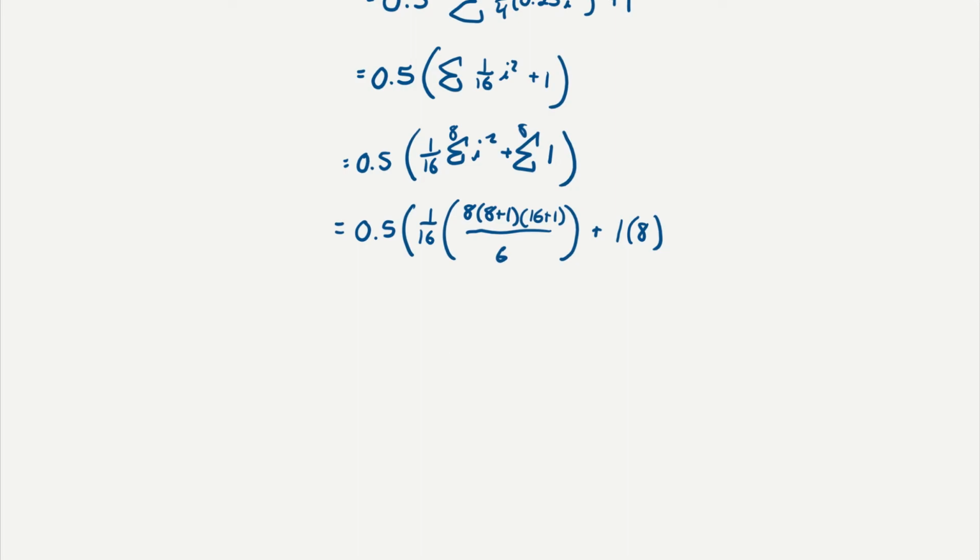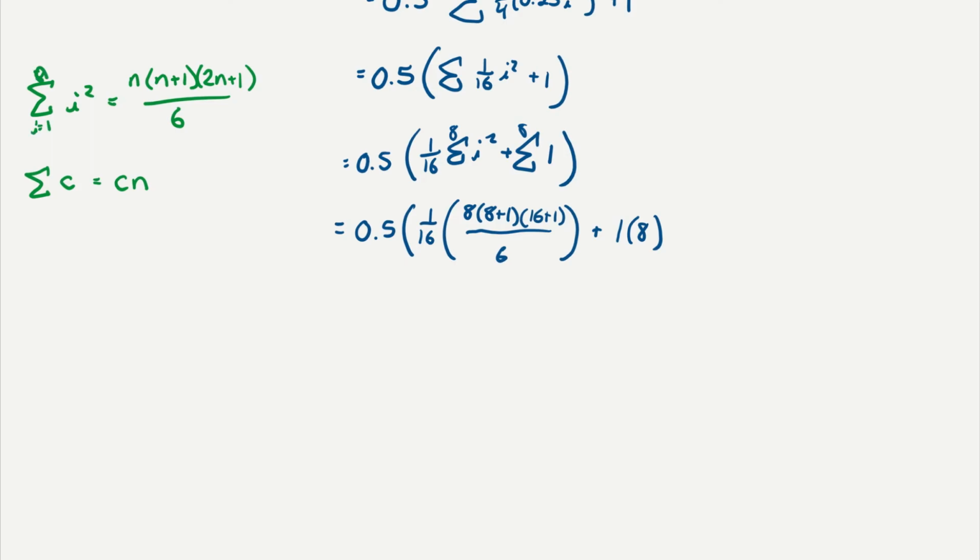So I probably should have done this before writing that formula, but if we want to remember our formulas, the summation of i squared is equal to n times (n plus 1) times (2n plus 1) over 6, and the summation of a constant is equal to the constant times n. So n is your upper bound on those.